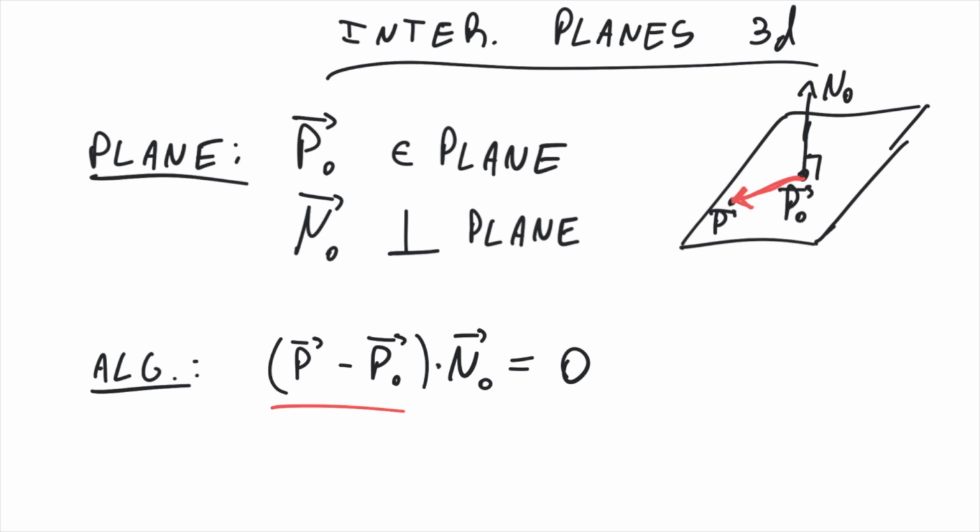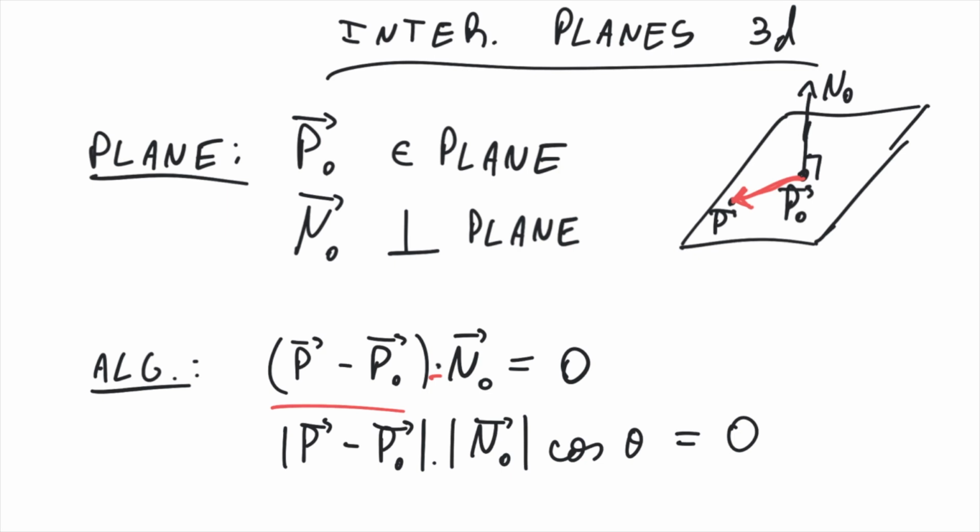Remember, we defined the scalar product as the norm of one, so the norm of P minus P0, times the norm of the other, which in this case is the normal, times the cosine of the angle that they form.